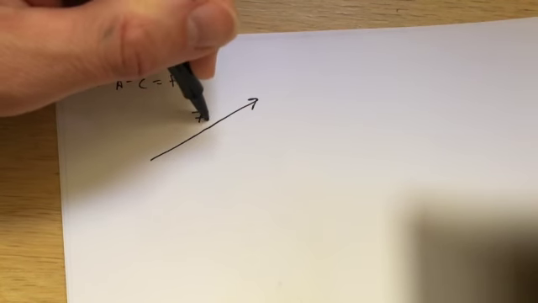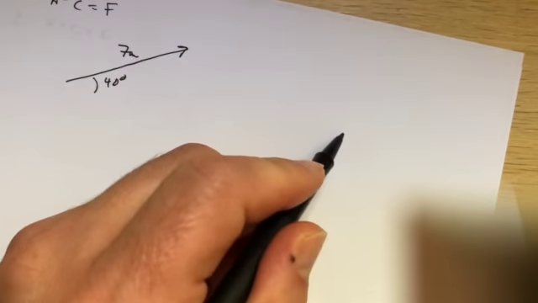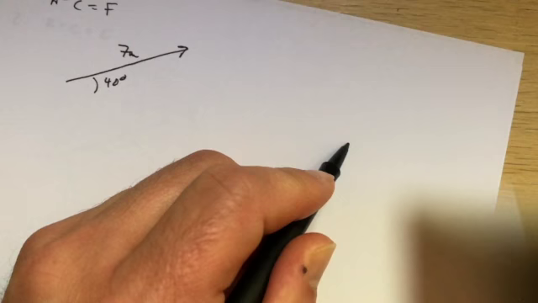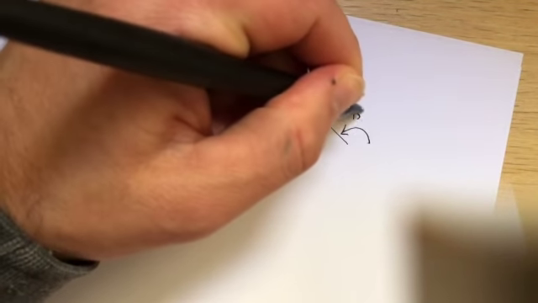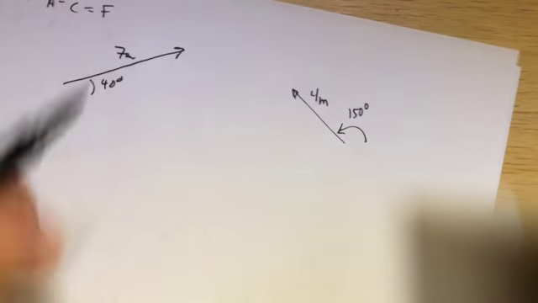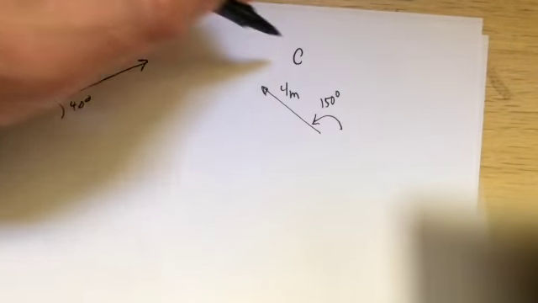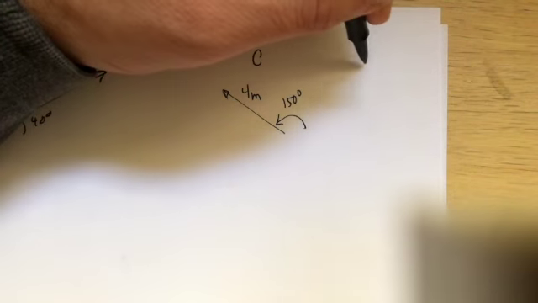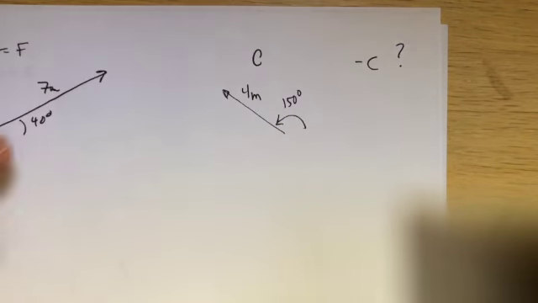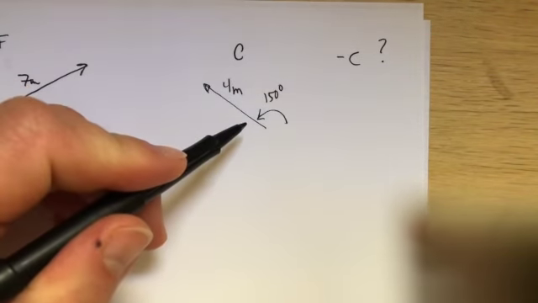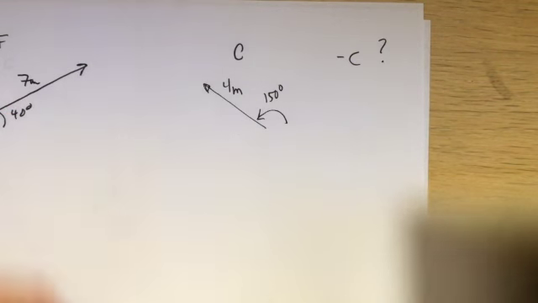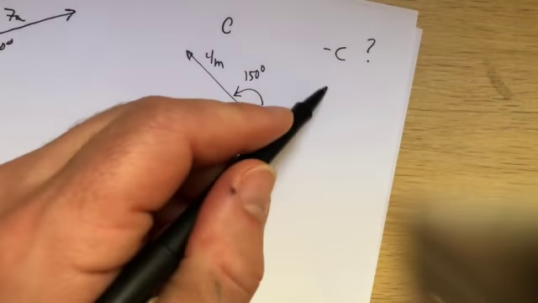So just a reminder, this is A. A is 7 meters at 40 degrees, and C was 4 meters at 150. Well, what's negative C? Negative C is this vector if I put the arrowhead on the other end. So I'm going to draw it this way.